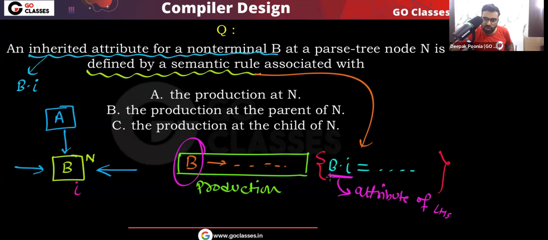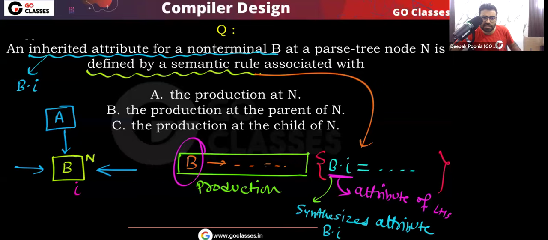Then this will be a synthesized attribute of B. Yes or no? Then synthesized attribute B dot I. Do you agree with me?